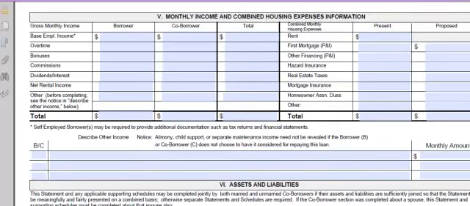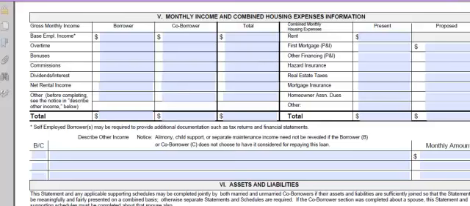Okay, the next thing we have is monthly income and expenses. There used to be pretty standard limits on the ratio of housing expenses to monthly income that would be allowable for a mortgage loan. It used to be something like 28% of monthly income could be housing expenses.